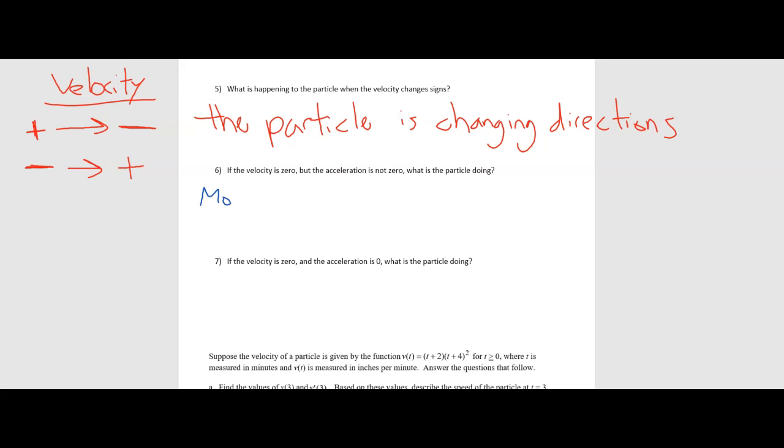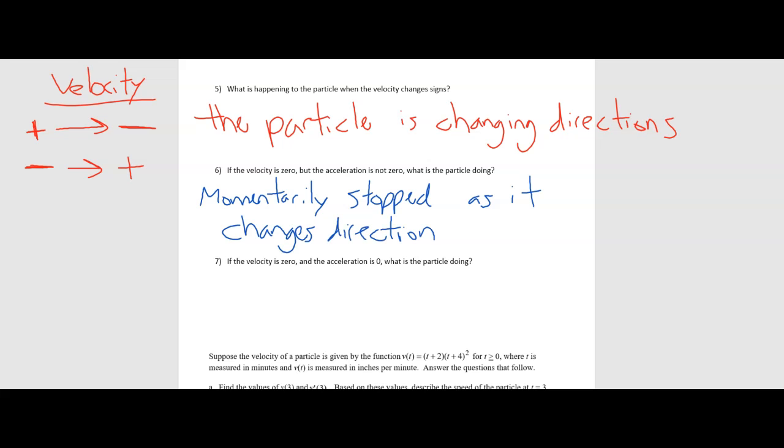So we can just say momentarily stopped, just for an instant, as it changes direction. It's not just sitting there when that happens. Think about the car example: as soon as your velocity reaches 0, if your acceleration is still negative, you're going to immediately start going backwards. This is different from when the velocity is 0 and the acceleration is 0.